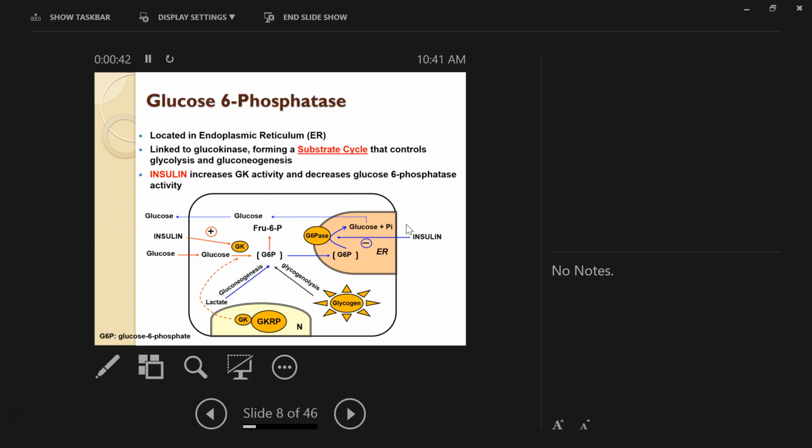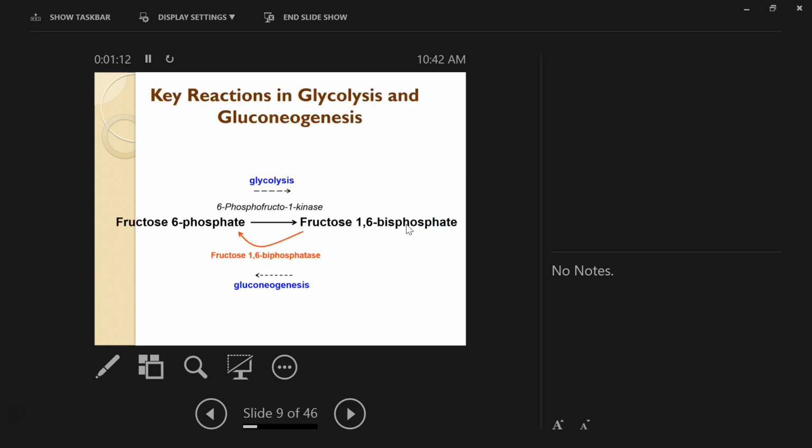We talked about two key enzymes that catalyze the first reaction in glycolysis and the last reaction in gluconeogenesis, right? Glucose is converted to glucose 6-phosphate or vice versa in gluconeogenesis. So glucokinase and glucose 6-phosphatase, right? I think we finished this slide.